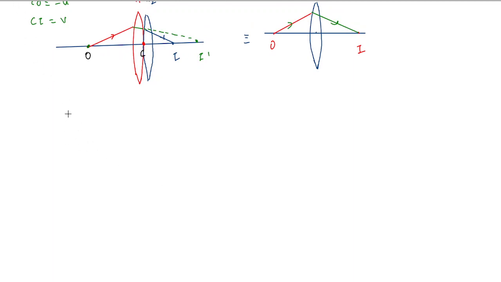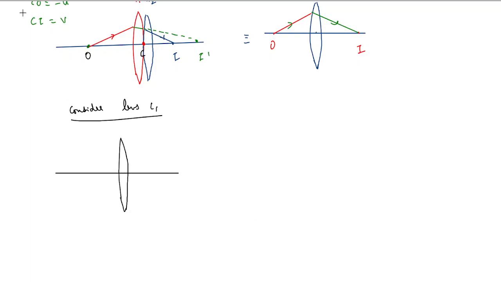We'll take the lenses one by one. So first, consider lens L1. So let the first lens be called as L1 and second lens be called L2. For lens L1, we'll redraw the lens like this, and then somewhere here optical center we have the principal axis.